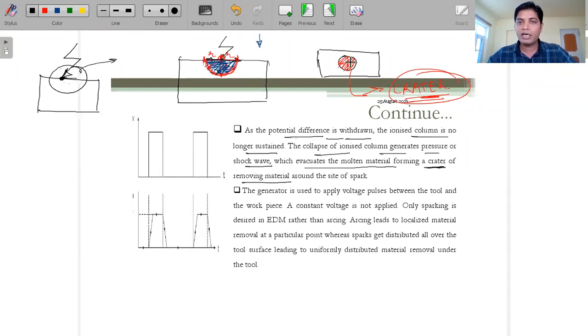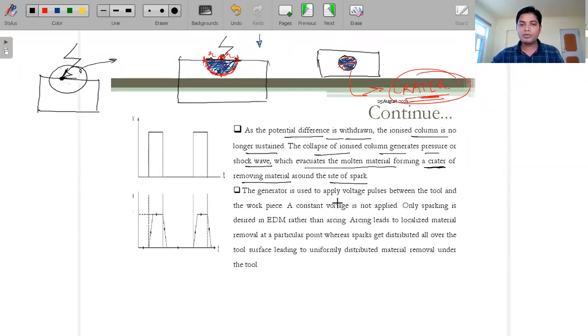Now the crater is formed, it means the material has been removed from this area, which looks like this from the top view, and like a front view from this area, around the site of the spark.